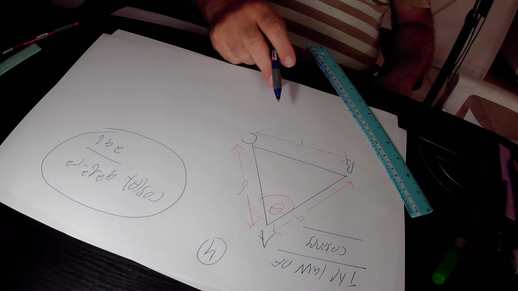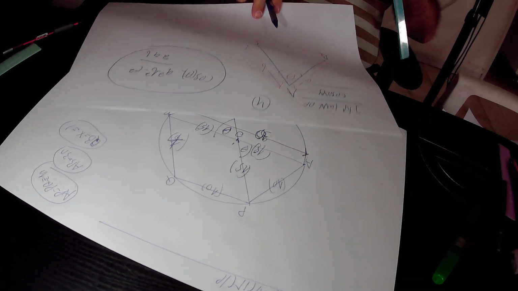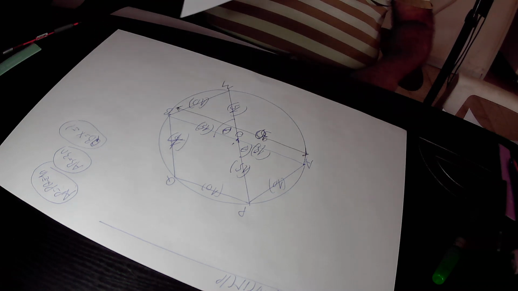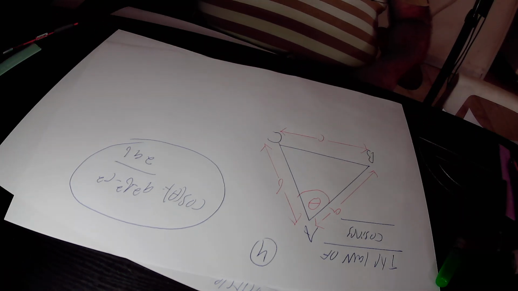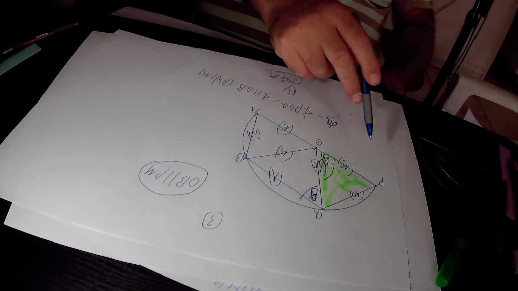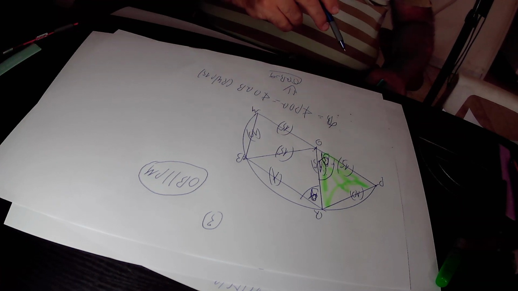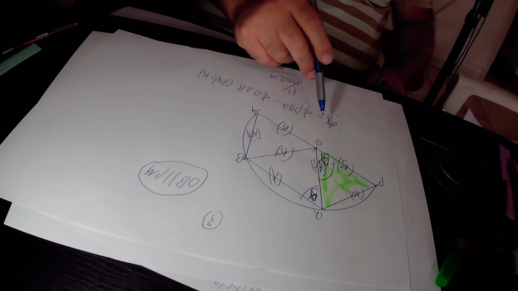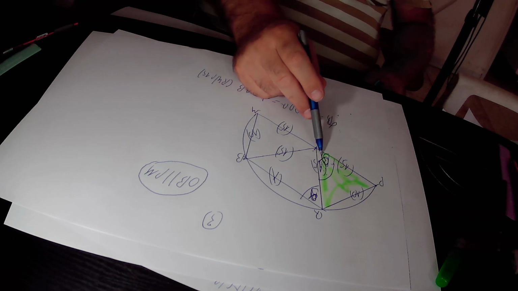Okay? So in the next step I copy the right triangle, this triangle OPQ, to a new page, and we implement the law of cosines on this right triangle OPQ. This is angle alpha.